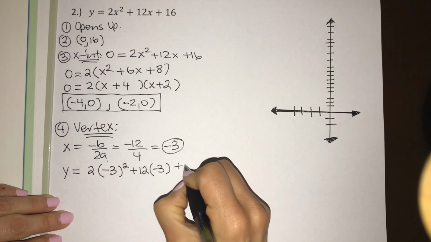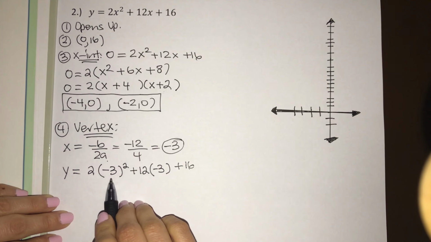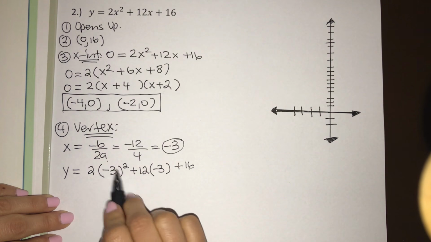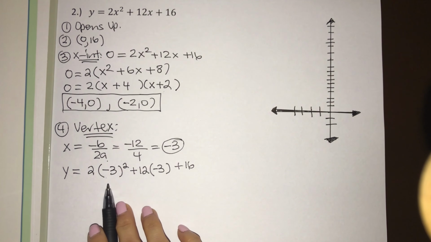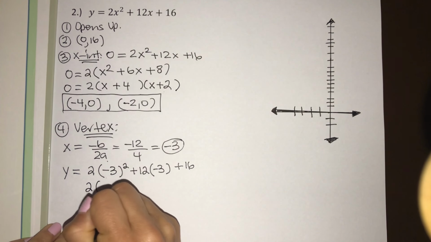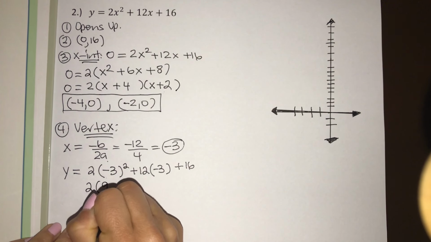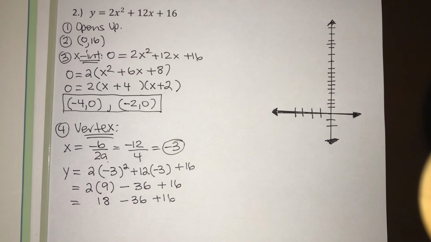Be careful with the signs. Parentheses, you want to make sure you put parentheses here because this will come out to be +9. And then when you calculate this correctly, that's going to give us -2.